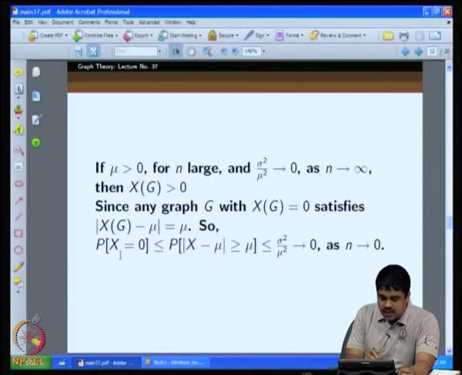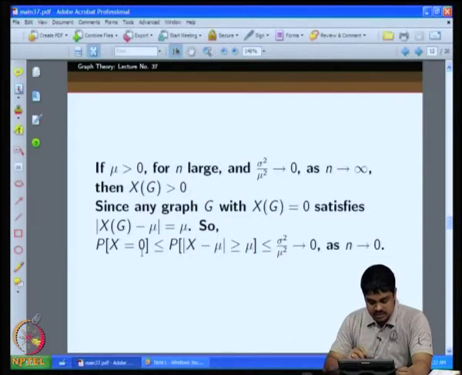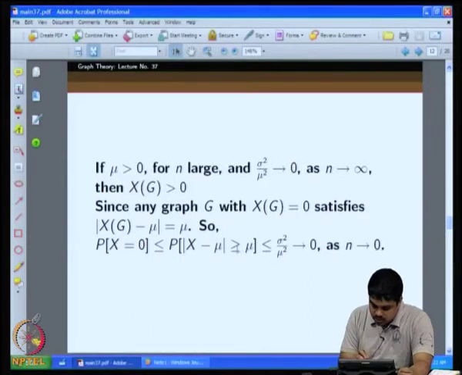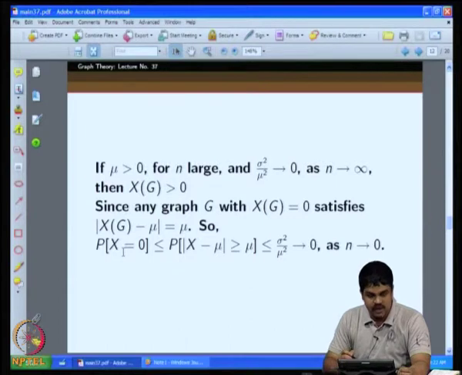So, the probability that x equal to 0 is definitely less than or equal to the probability that the absolute value of x minus mu is greater than or equal to mu. Again you can use the Markov inequality here once again. So, that will be sigma square by mu square. If this second part, sigma square by mu square, tends to 0 as n tends to infinity, then the probability of x equal to 0 also will tend to 0.